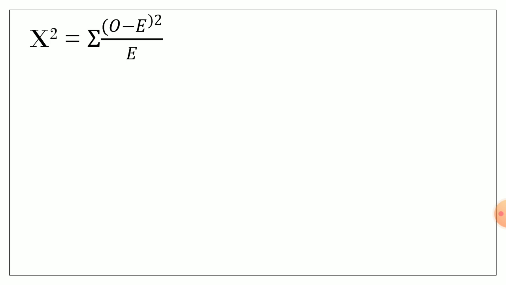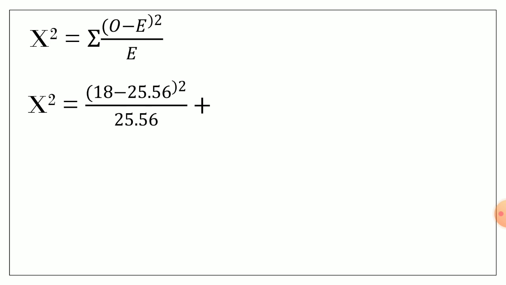Next is to solve the chi-square using the formula summation of the quantity O minus E squared divided by E. First, we have the data on the male high. So we have the observed frequency of 18 and the expected frequency of 25.56.